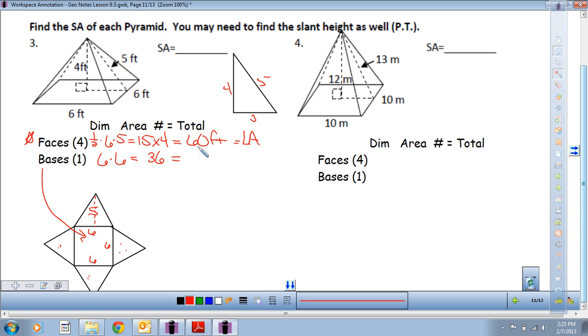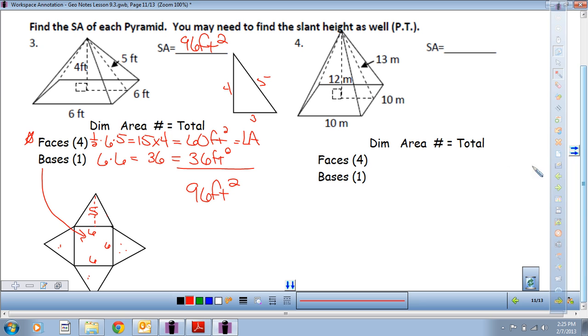Now, if you look at that pyramid and think, how many bases does a pyramid have? It only has 1. So we only need that 36. So what we have now is our lateral area, which is 60 square feet, plus the area of the base, which is 36, which gives me a total surface area of 96 square feet. So that's the answer we're looking for. We're not just concerned with lateral area. We're concerned with everything.